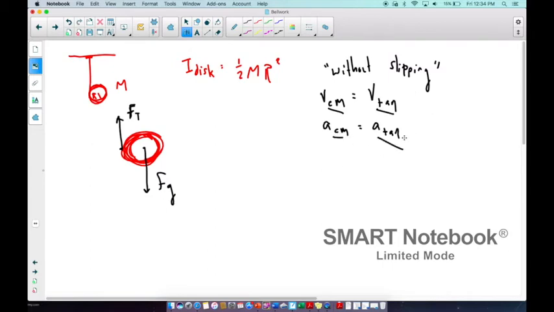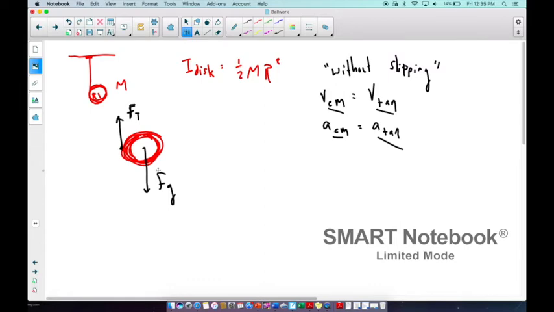Again, we'll talk about that more in detail when we look at wheels rolling on surfaces. That'll probably be later this week. So if something is rolling without slipping, and this disc is unraveling from the fishing line without any slippage, then I know that right here, this point has got to be moving just exactly like the center of mass is moving.